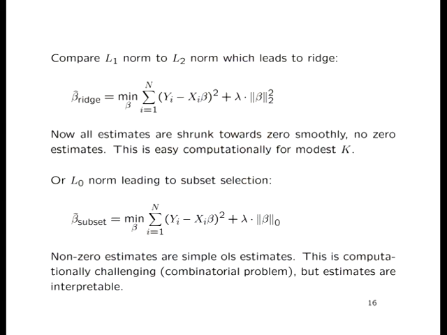So we sum the absolute values of the betas, and it turns out that has very interesting features that make it both computationally easy as well as give it a nice interpretation. So the comparison is to ridge, where we use this L2 norm, or the subset selection, where we use the L0 norm.